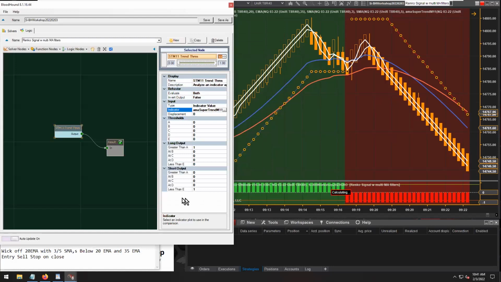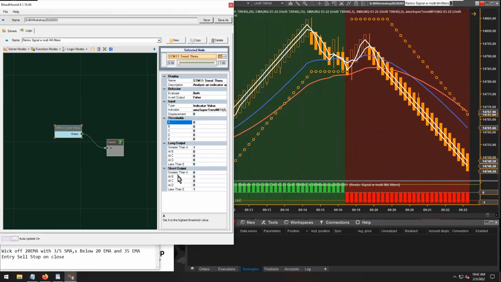Right, so knowing that trend equals +1 for an uptrend, our long output is going to be greater than A. We want to use the greater than A. And what is A? A equals 0. +1 is greater than 0.